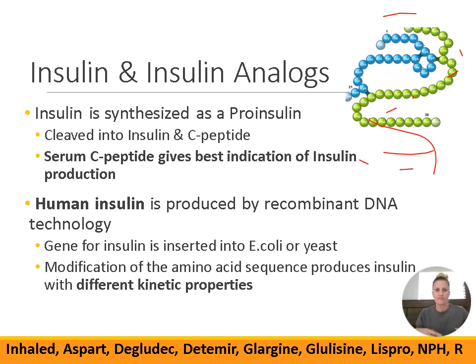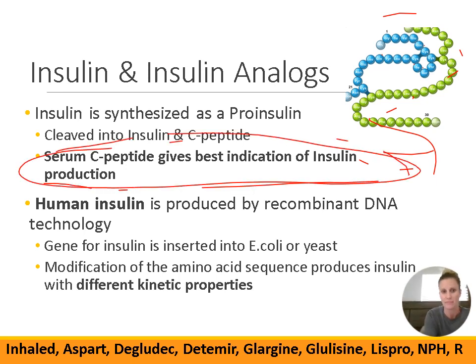So for every unit of insulin, there's going to be a unit of C-peptide as well. Serum C-peptide is something we can test for. So testing serum C-peptide gives us the best indication of insulin production.